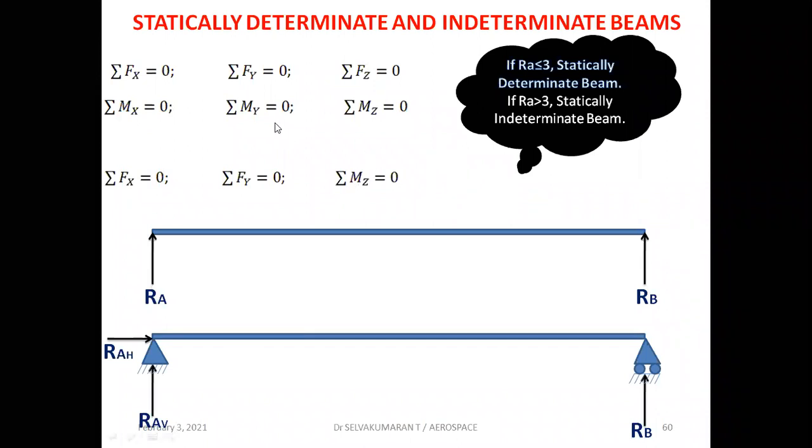Similarly, sigma My is equal to 0. The algebraic sum of the moments of all the forces about the y-axis is equal to 0. Sigma Mz is equal to 0. The algebraic summation of the moments of all the forces about the z-axis is equal to 0. So for the 3D case, we have 6 static equilibrium equations.